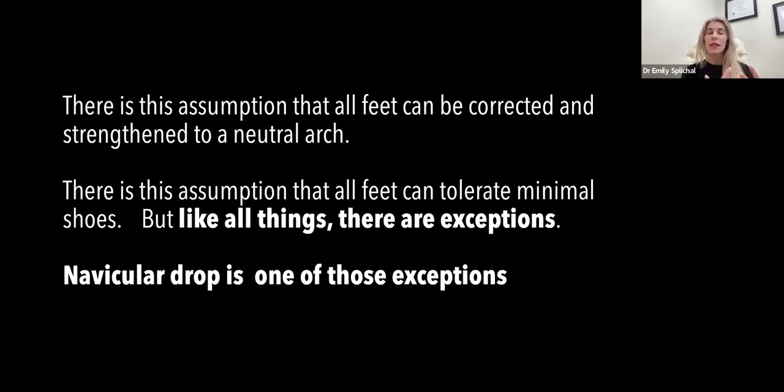I was explaining to the parents about what midfoot pronation means and some of the contributors to that, and can they just strengthen their child's foot back into a neutral arch? That child was an exception.